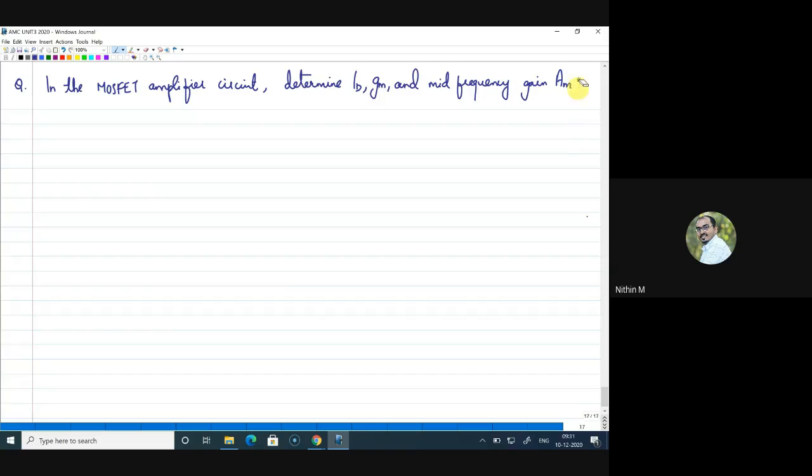Right. So these three things need to be obtained. Also, the question is to determine the cutoff frequencies. I'll explain what the cutoff frequency is. It is written as FL1, FL2 and FLS.